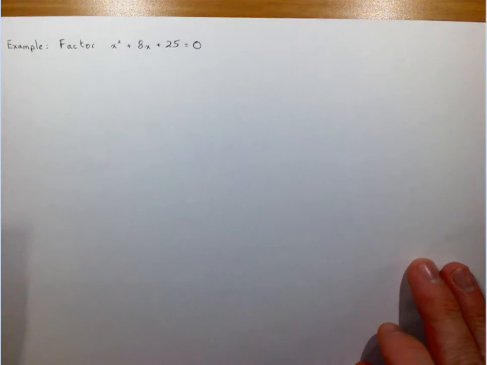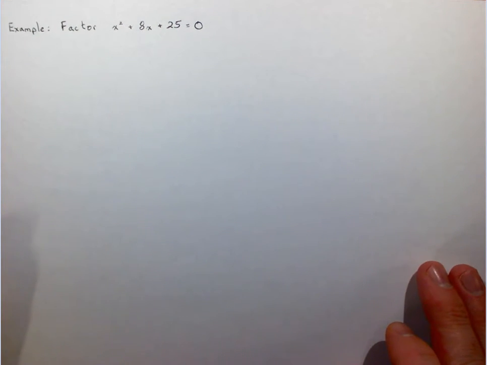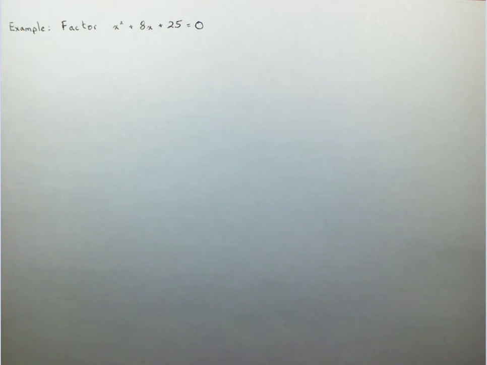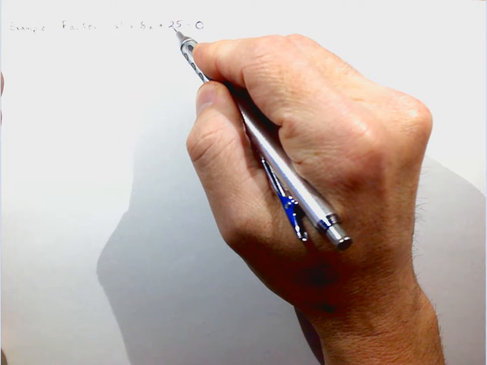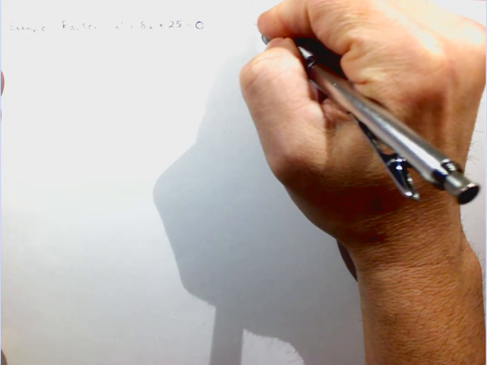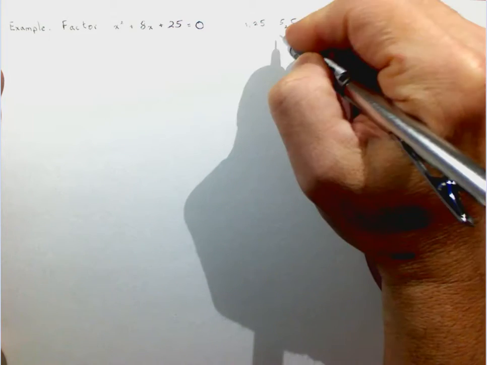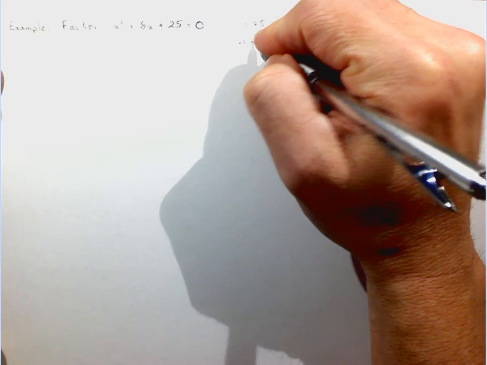Okay, so for the rest of the video, go ahead and pause the video, and I want you to see if you can factor this by completing the square. Alright, I can't factor this quadratic in its current form because the factors that will give me 25 are 1 and 25 and 5 and 5, or negative 5 and negative 5, and negative 1 and negative 25.